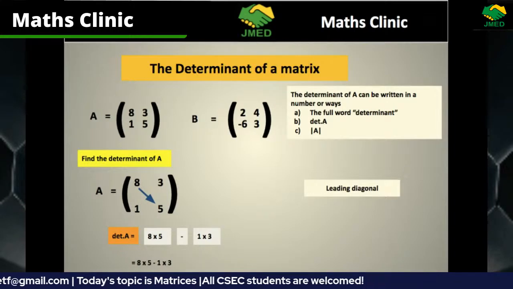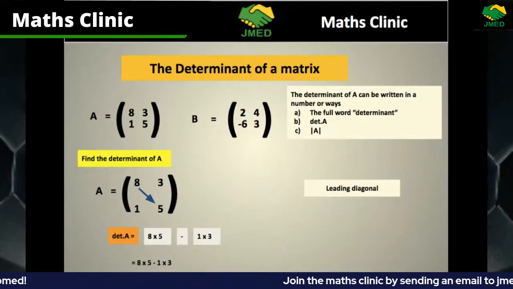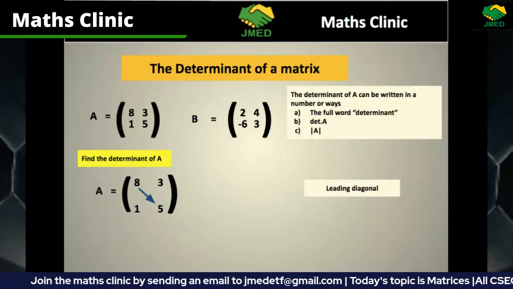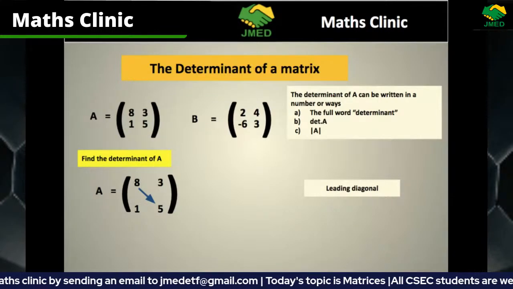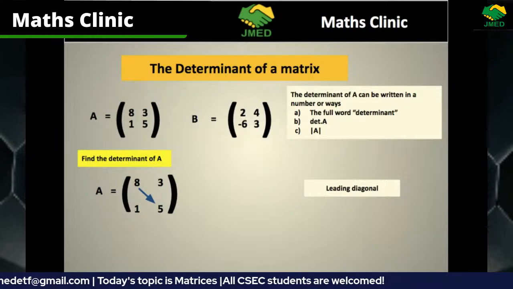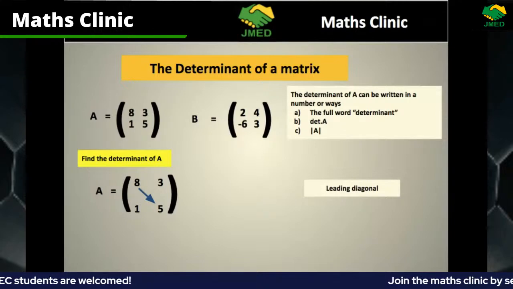And determinant is a number. It's not a matrix, it's a number. Any questions? No problem. So remember that determinant is a function of the matrix. You'll just be asked, find the determinant. What I'm doing here is just showing you how to do it.